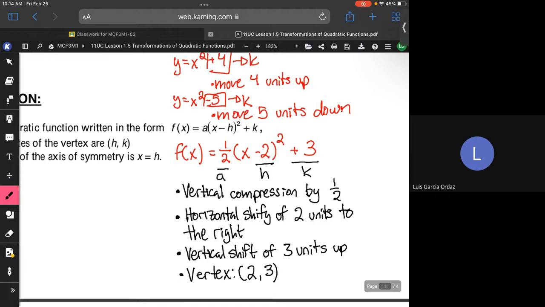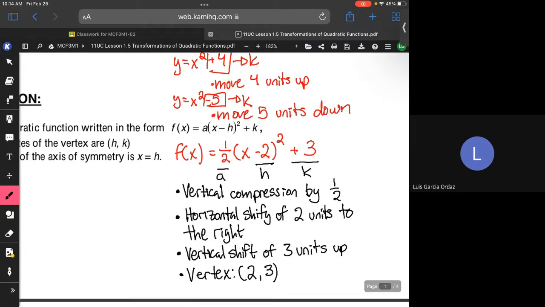And it's the same thing, basically. If something is vertically compressed by 1/2, let's say this is the graph, just a regular y equals x kind of thing. If you were to compress that by 1/2, it wouldn't just look like this. It would look something like that.